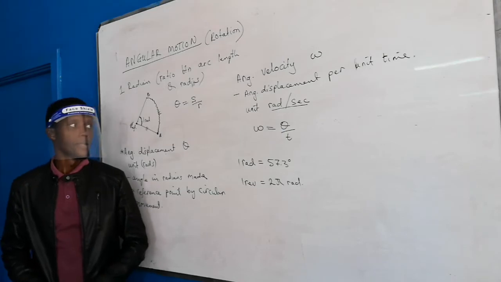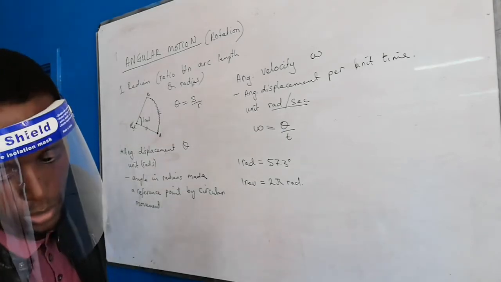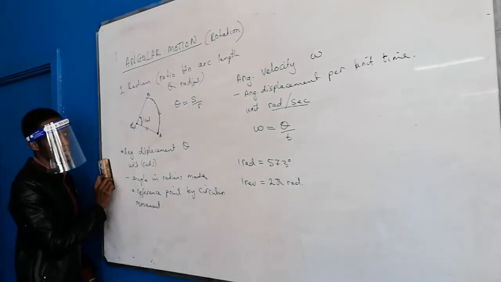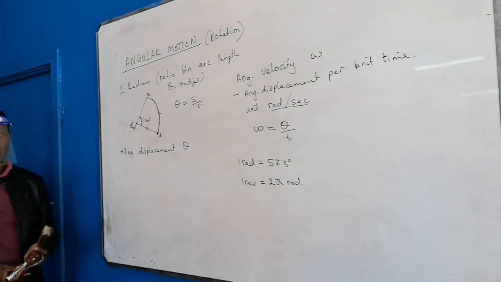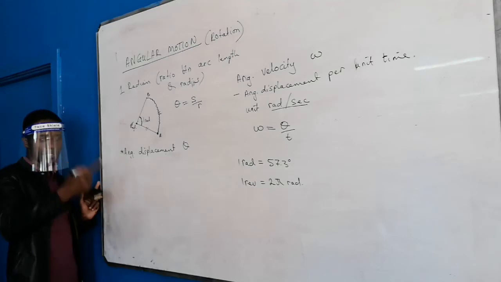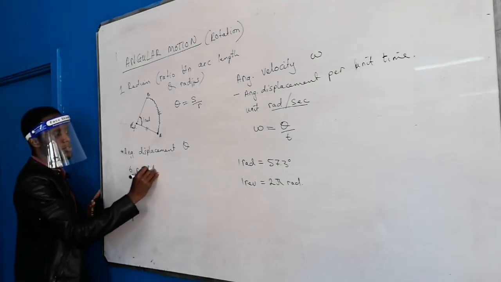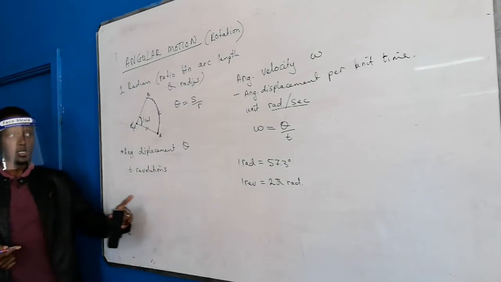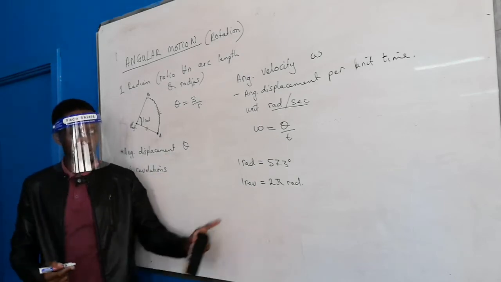So now, if you make more than one revolution, let's say a wheel turns 6 times, you've made 6 revolutions, right? One revolution is 2 pi. Another revolution is 2 pi.